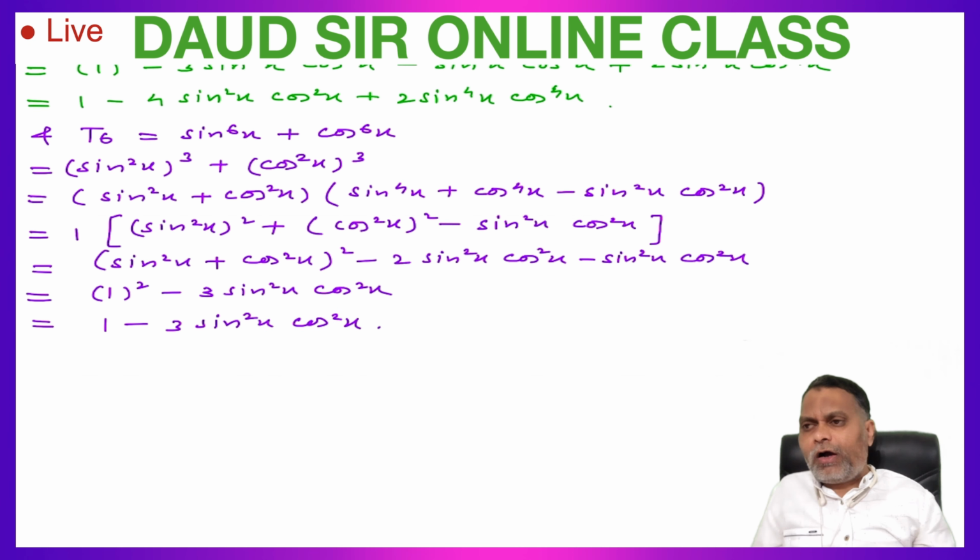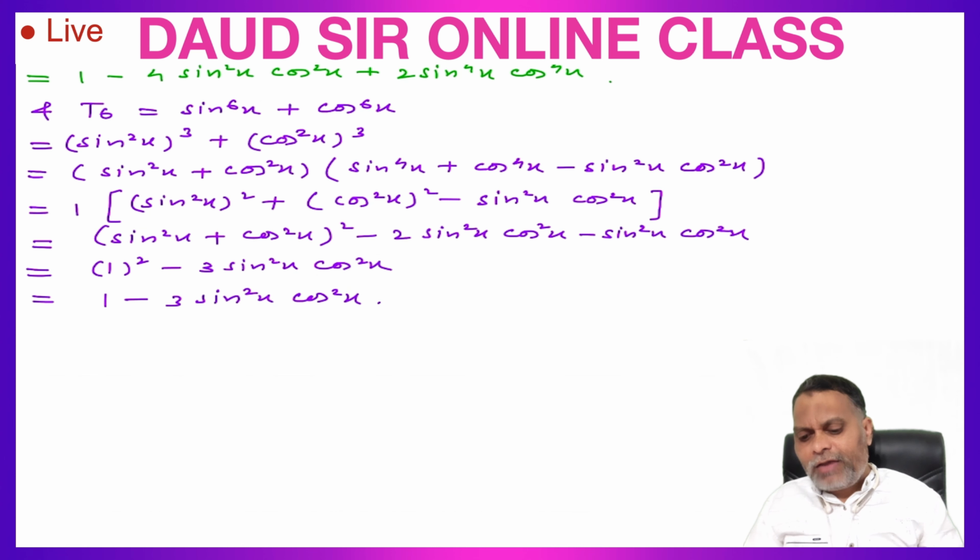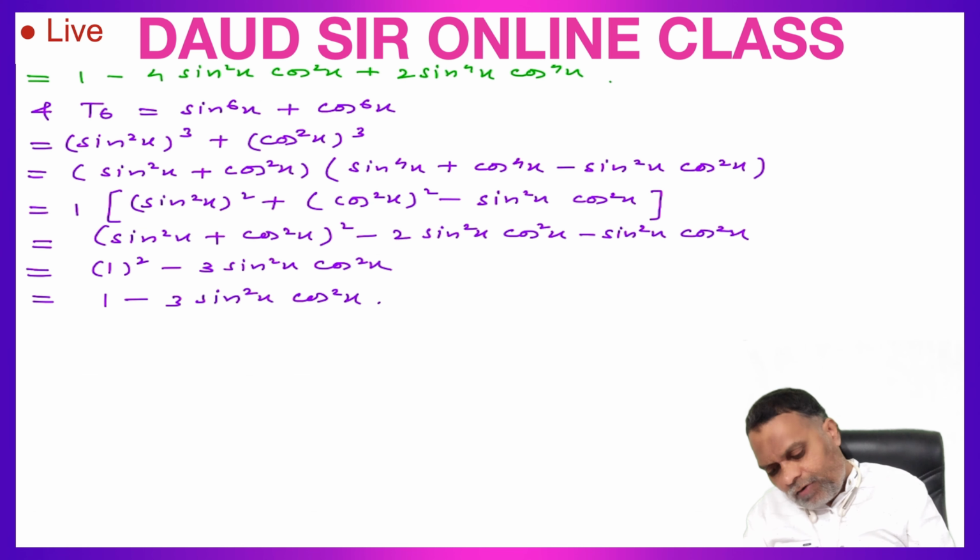Now we have got all the three values t10, t8 and t6. Now we can substitute them in LHS. Now finally LHS.